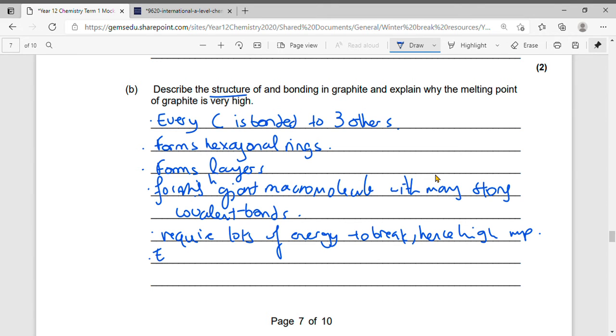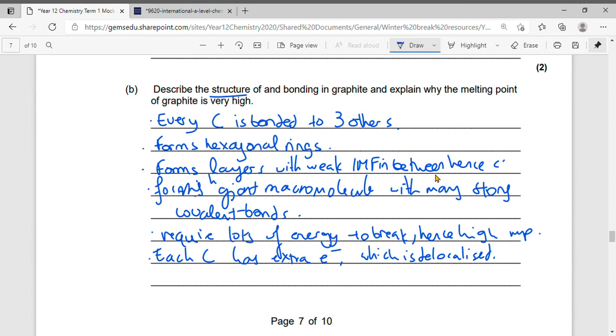So each carbon has an extra electron, which is delocalized. With weak links in between, hence the layers can slide over each other.